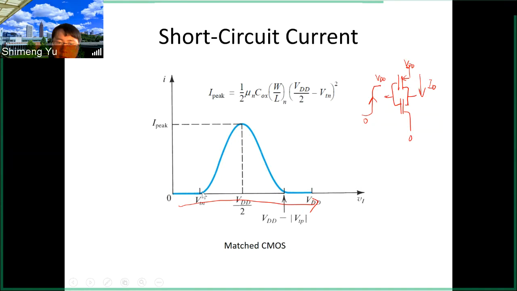Initially, current is below the threshold current, and after you turn on the NMOS, in this matched case, when you reach half of VDD, the current will reach the peak. So this current is streaming from the power supply to ground. It is the short circuit current, and it only exists during the active switching.